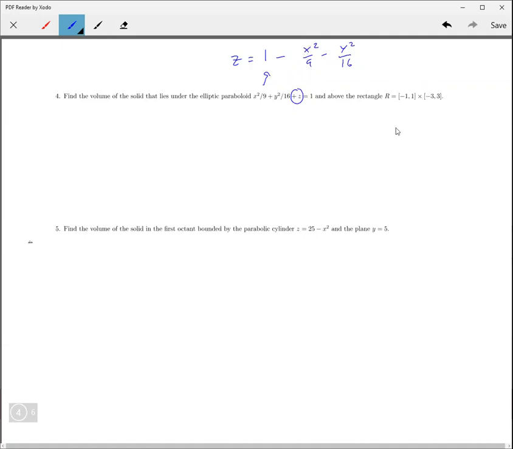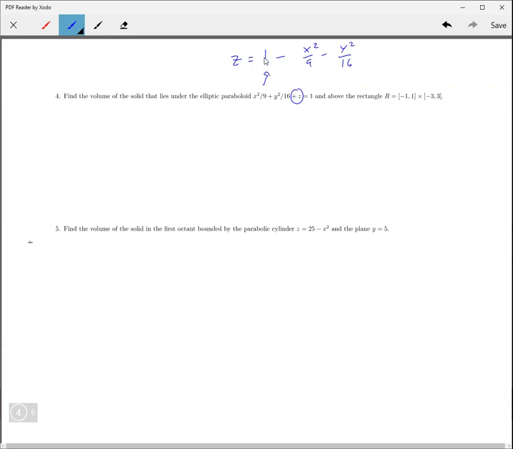And also another thing is to verify that if x is between -1 and 1, then the most that can be is 1/9, right? And then if y is between -3 and 3, the most that can be is 9/16. And if you add 1/9 and 9/16, that's going to be still less than 1.